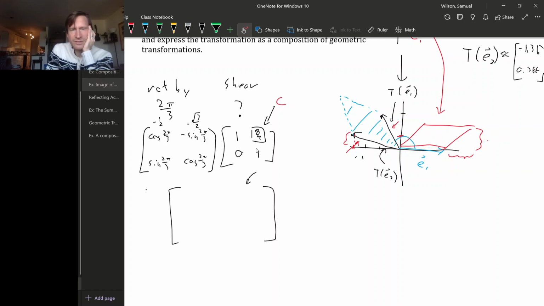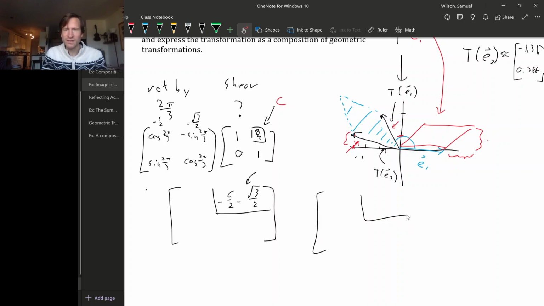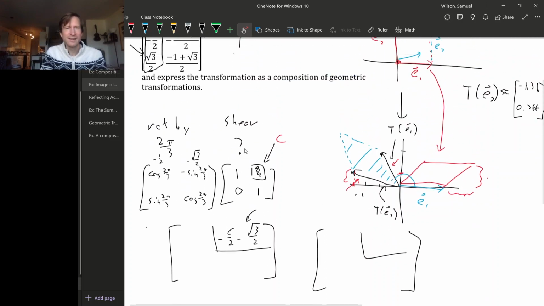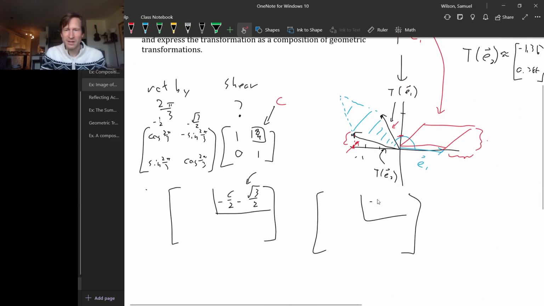So when we do this multiplication with the first row and the second column, which is going to give us this upper right entry, we get minus c over 2 minus root 3 over 2. Okay. And the matrix that we started with, in this upper right hand entry, it was minus 1 plus root 3 over 2. So for these to be the same, that means c has to be 1.